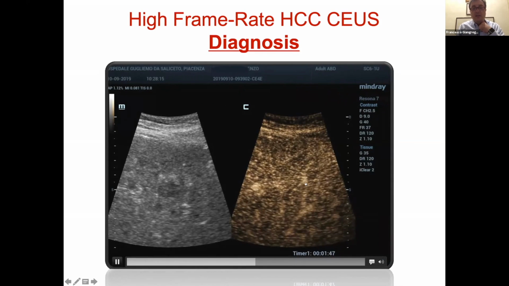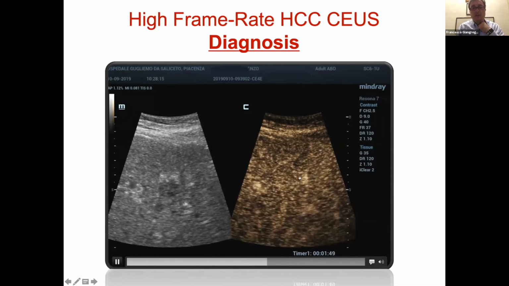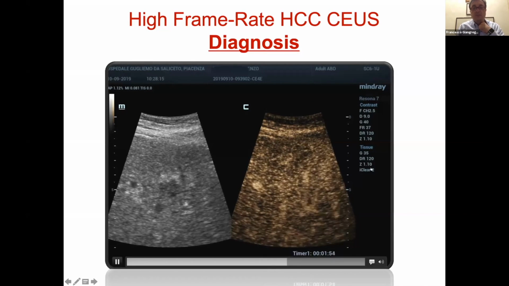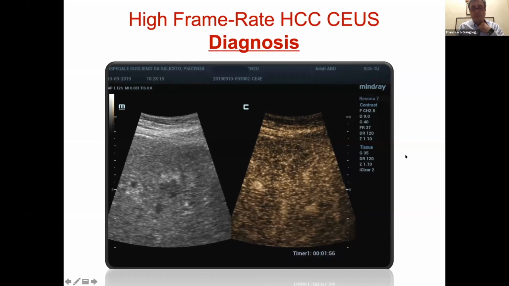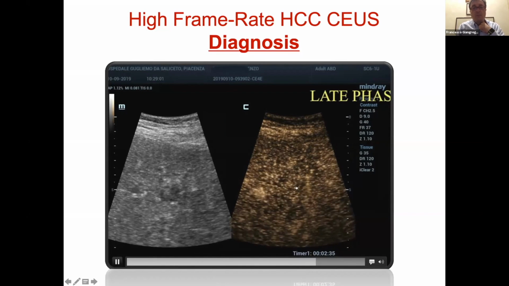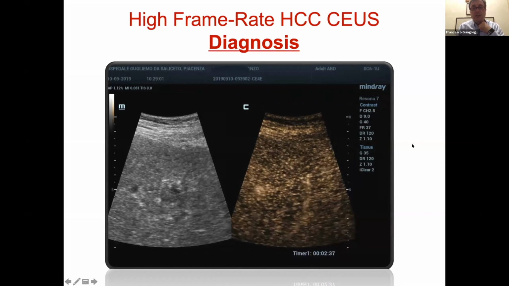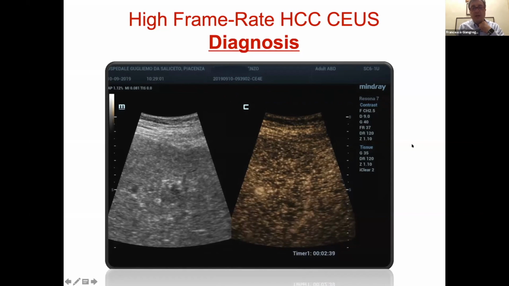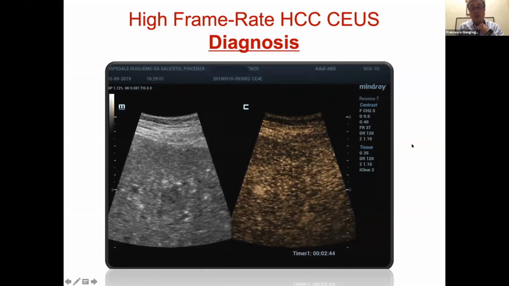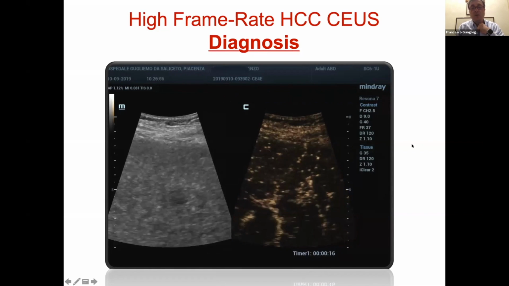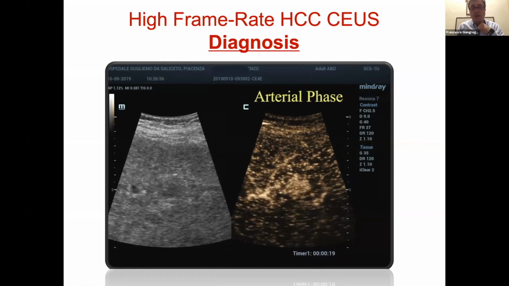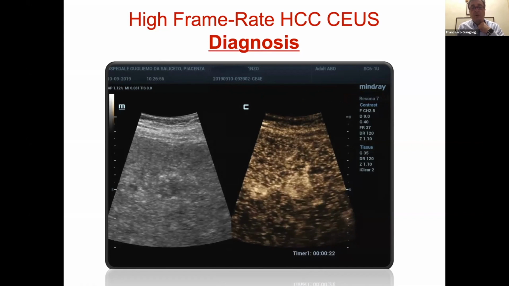And only in the ultra late phase, we can say, the nodule becomes hypovascular. So to be sure, we performed the FNA, and the diagnosis was well differentiated small hepatocellular carcinoma. I remind you that this nodule was invisible also to spiral CT.